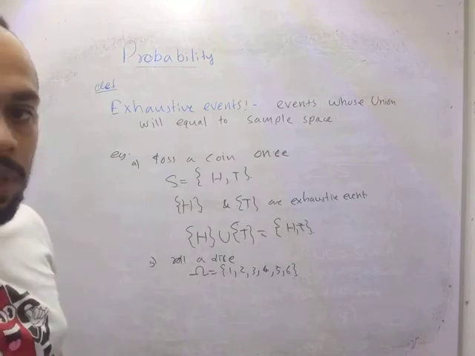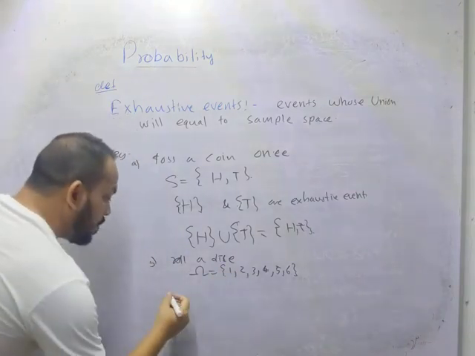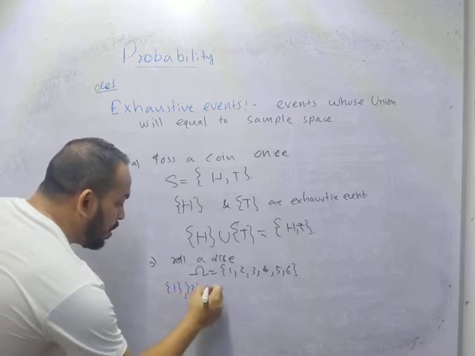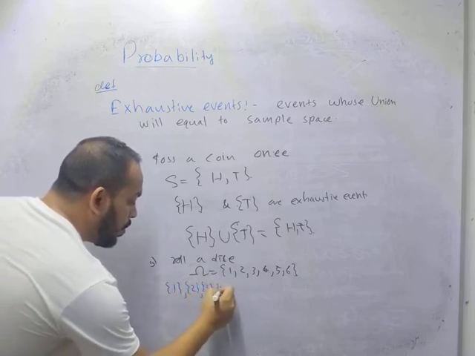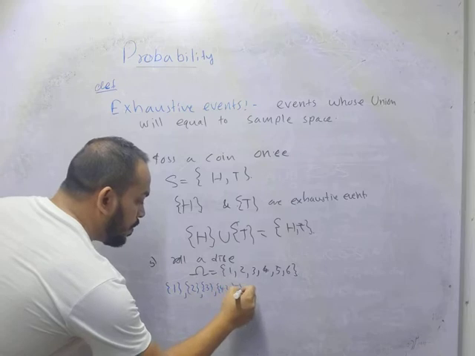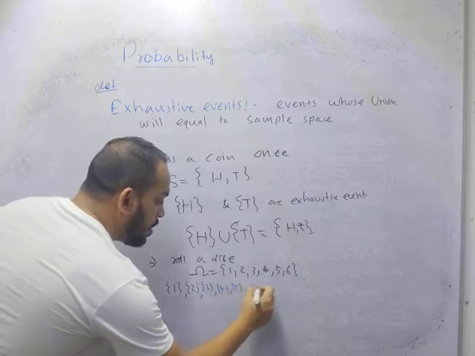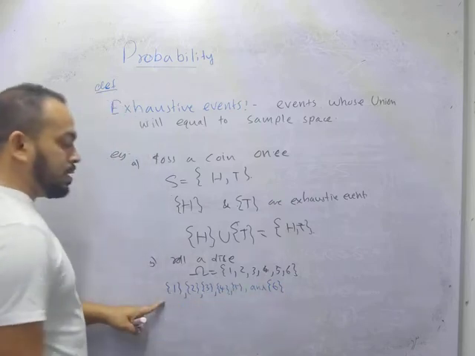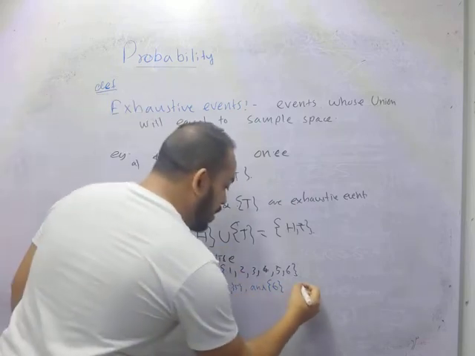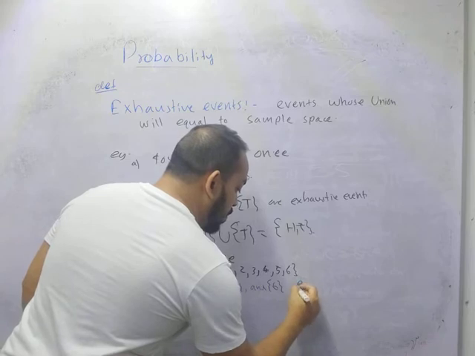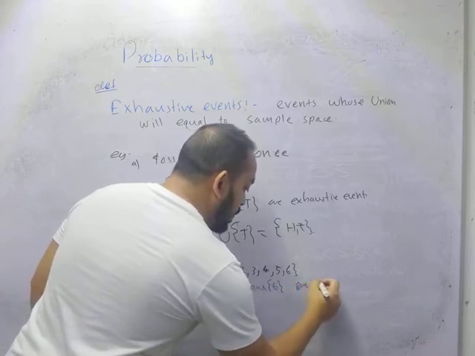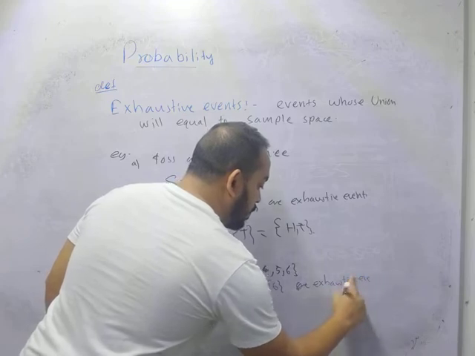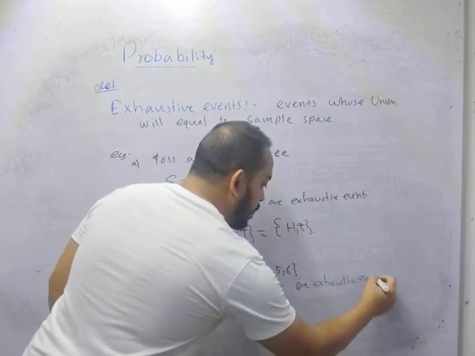When you combine all of them, they are exhaustive events. All 6 events combined are exhaustive events.